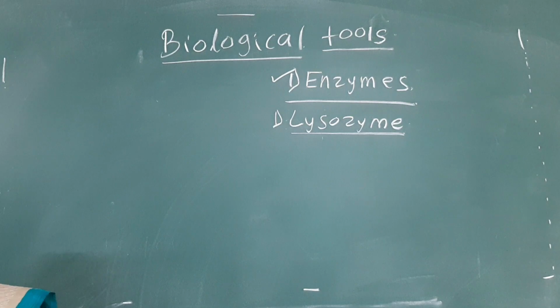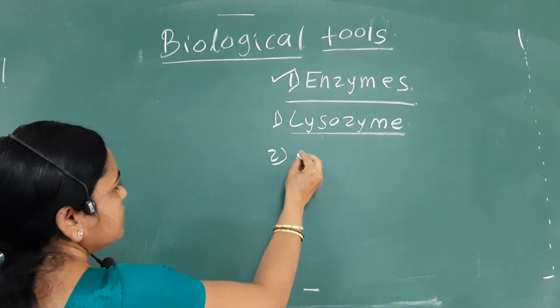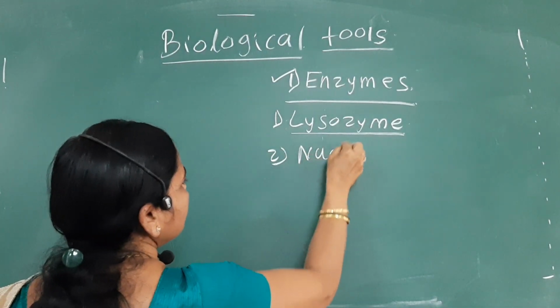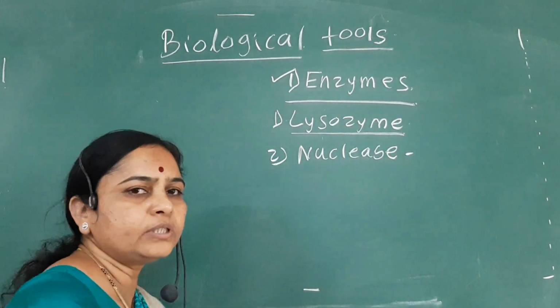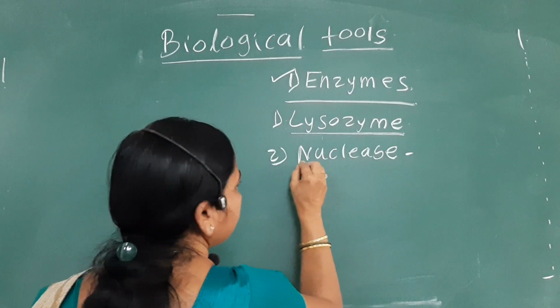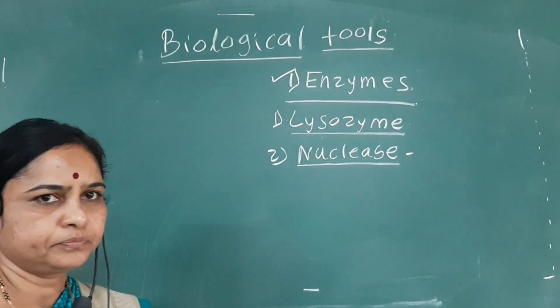Then the second enzyme which is used is the nuclease enzyme. This nuclease enzyme is mainly used to cut the DNA molecule.